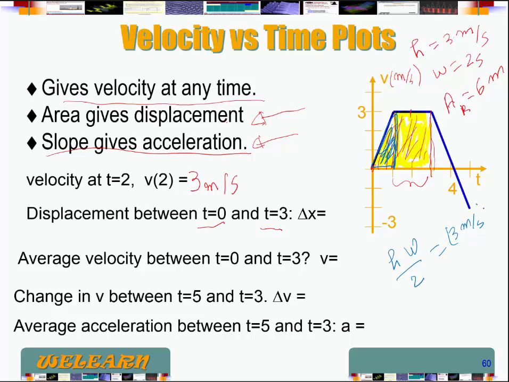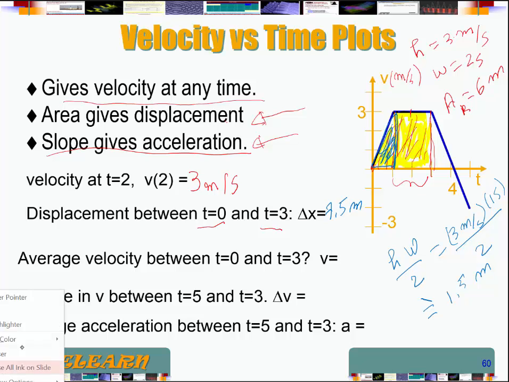The width in this case is 1 second over 2. So it is 1.5 meters. So my overall displacement is 6 meters plus 1.5 meters. That would be 7.5 meters. Let's go back to the original in color.